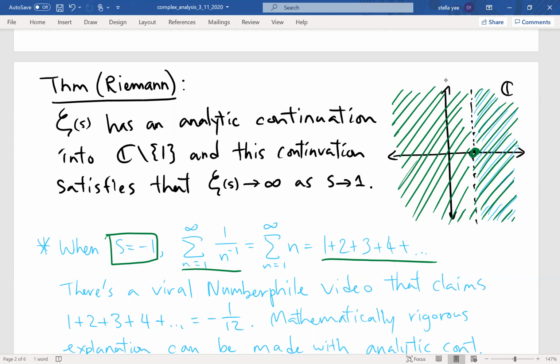Clearly, this is a divergent series, so it's kind of nonsense as I wrote it. But if you talk about analytic continuation, you can imagine that you could actually extend that function and make sense of it. As long as you avoid that pole, you can make sense of it.